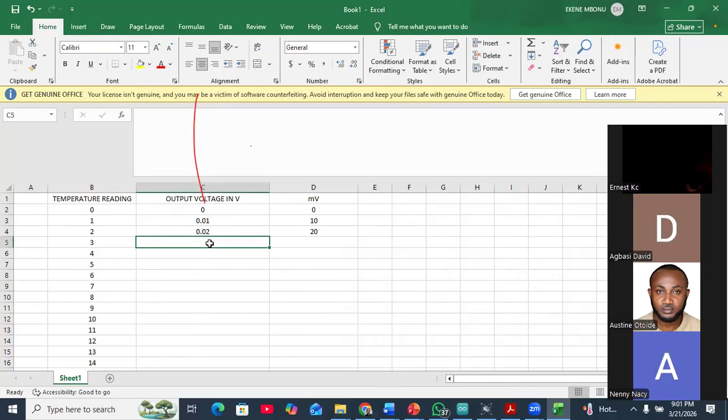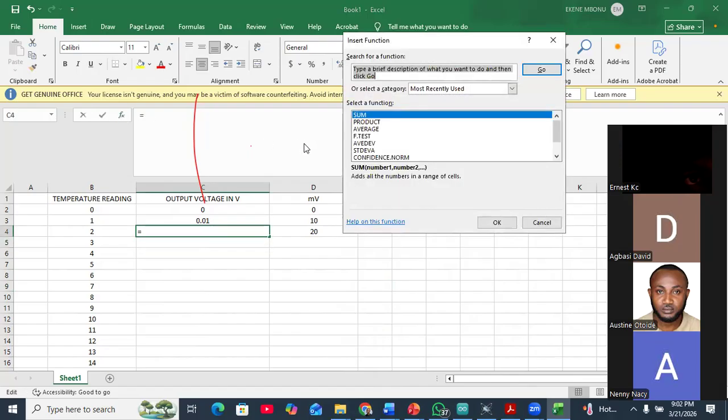So we can multiply this and use a formula in Excel.